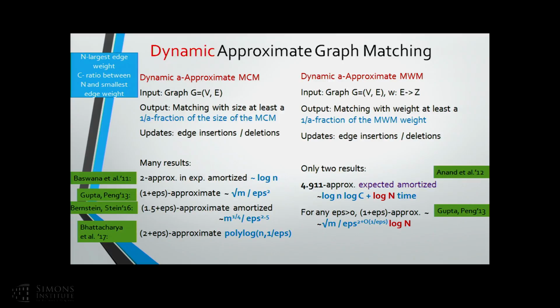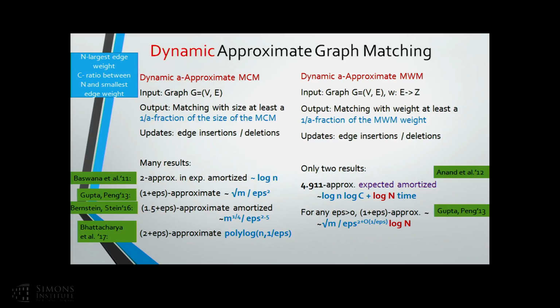There's a second one, which is the analog of this one over here. You can get a 1 plus epsilon approximation in root m over some dependence on epsilon times this log N factor.